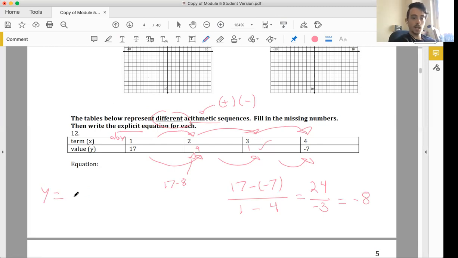We're starting at 17. We're then deducting 8, x minus 1 times. Or if you want to rearrange this, -8 times x minus 1 plus 17. And that makes sense because every time we move forward in our term, we're deducting 8. So that's what our equation here would be.